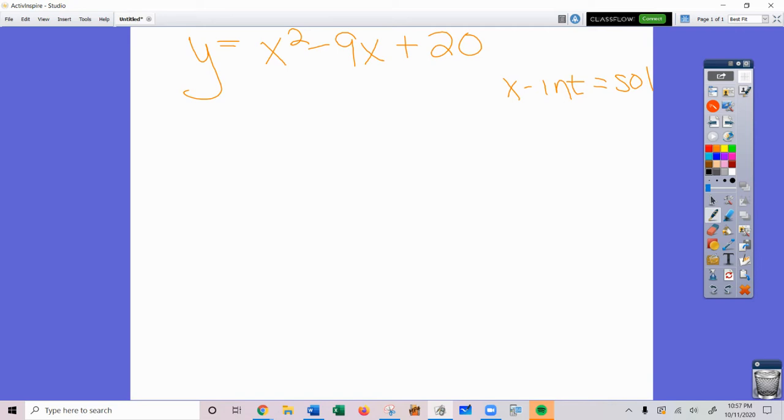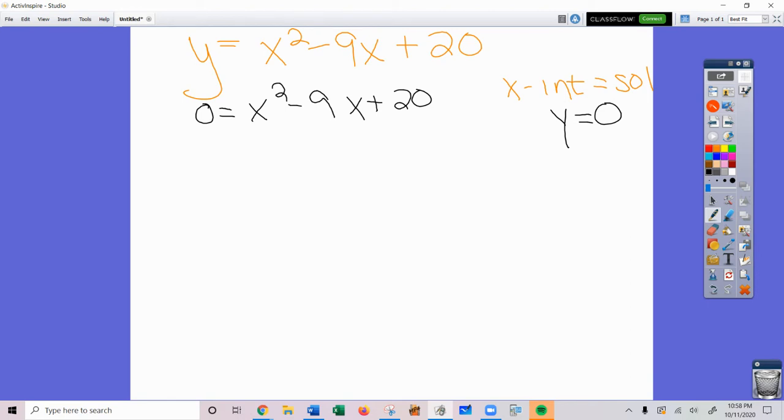Well, the other thing to understand is that an x-intercept always has a y value of 0. So when we are talking about finding an x-intercept, we are talking about y equaling 0. So when we take this equation that we were given, we can plug 0 in for y and solve this using the quadratic formula.